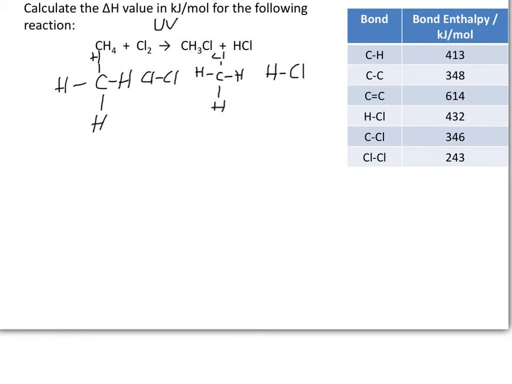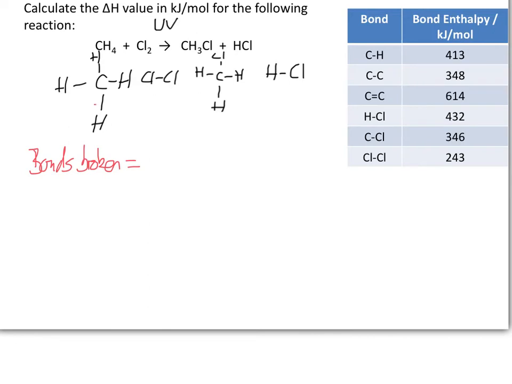So let's work out which bonds have been broken. Now when you do these calculations, you can either choose to break all the bonds or just the bonds involved in the reaction. I'm going to use the method where we break all the bonds and then make all the bonds at the end. So bonds broken, well, we're going to break everything at the start.